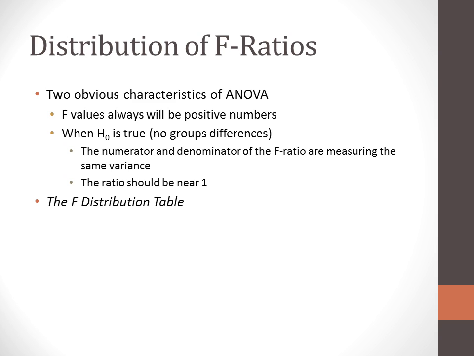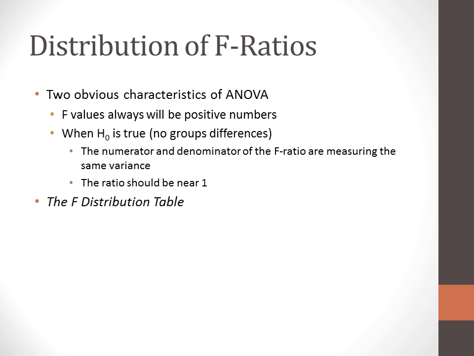Unfortunately, because our book doesn't go into detail on analysis of variance, it also doesn't provide us a table for analysis of variance. So if you do need the table, if you're computing any values by hand, you can feel free to just do a quick Google search for the F distribution table and you should find it no problem.